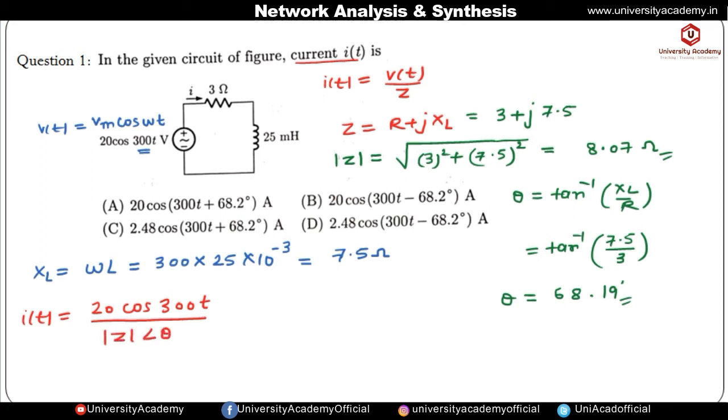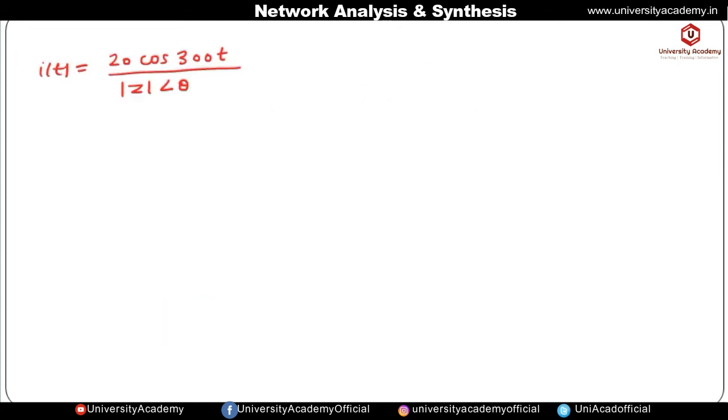So let us substitute the values of mod Z and theta. This is 20 into cos of 300t divided by, mod Z value we have obtained as 8.07, and angle theta we have obtained as 68.19, which can be approximated as 68.2 degree.